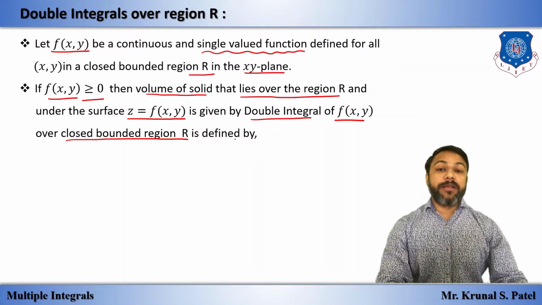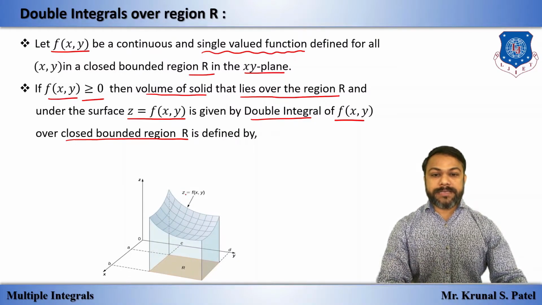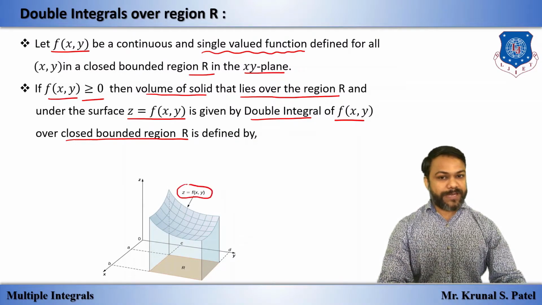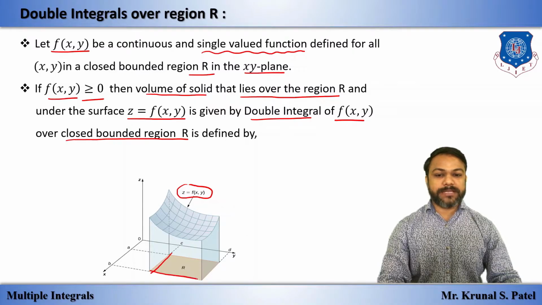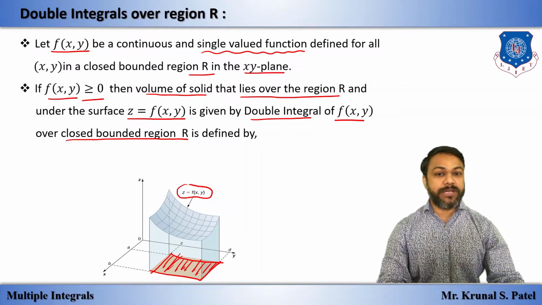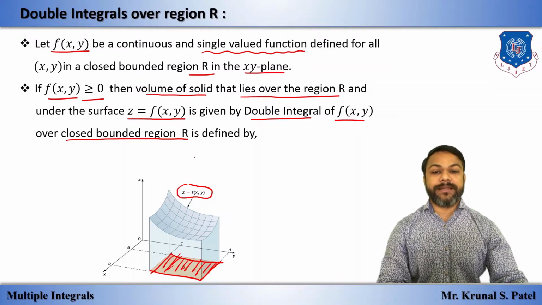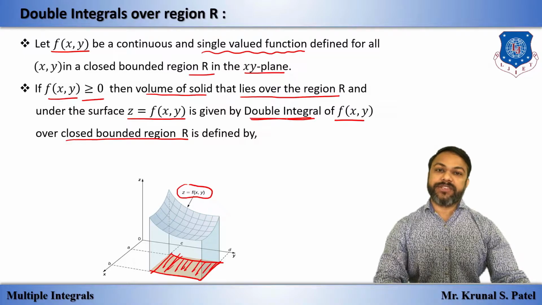defined by, before defining this, let's have a look at the graph of the curve z is equal to f of x, y and its projection in the xy plane, which is given by this region R. You can see this. So this R will be your closed bounded region, and you have to integrate this function f of x comma y by double integration.